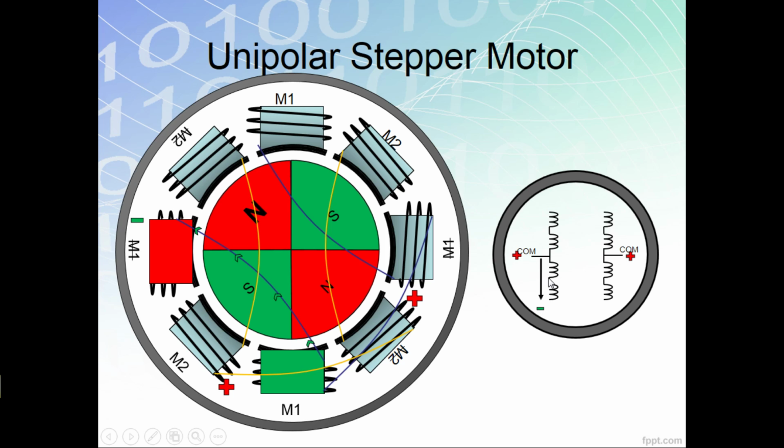And with that, the force of attraction and repulsion will only be occurring on the bottom part. In this case, this north magnet will be attracted by this south magnet. There is no force of attraction by this north magnet to this pole because this pole is not energized. So let's see how the rotor rotates.